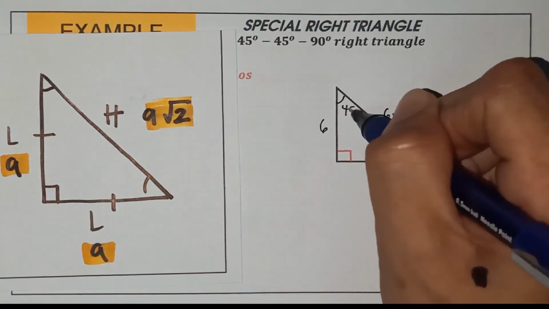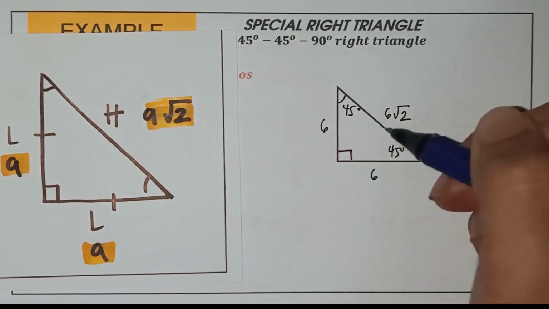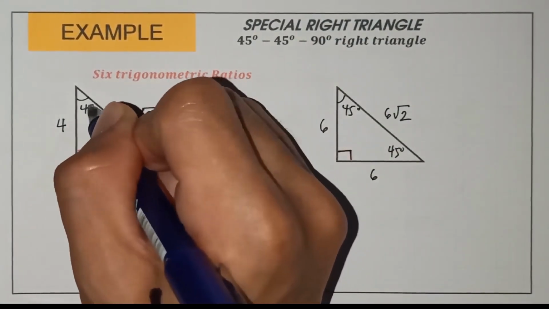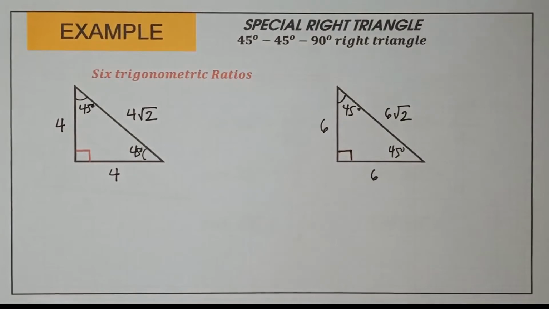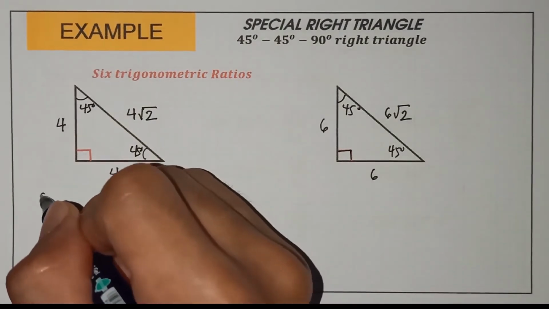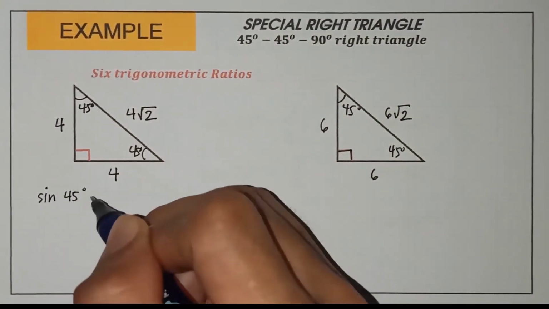And this is under the 45 degrees, 90 right triangle. We'll now get the sine 45 degrees.